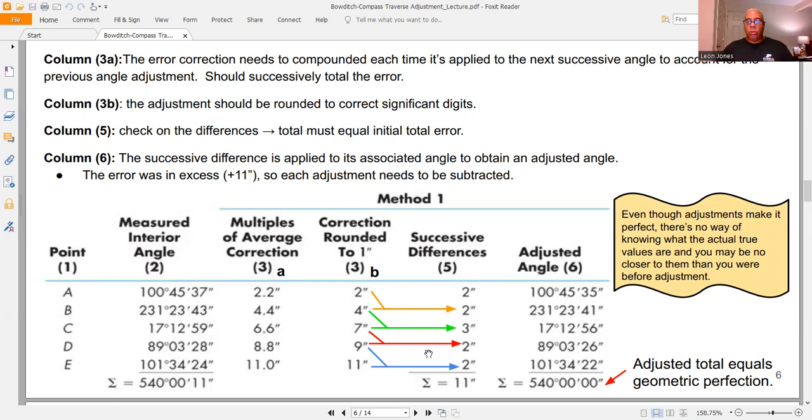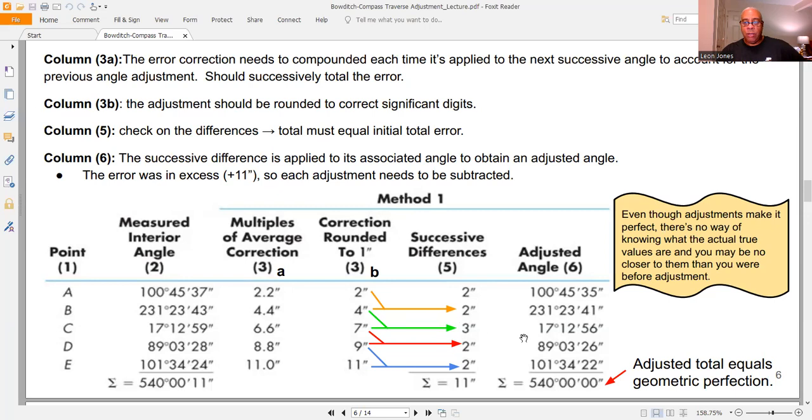So now, when you look in your last column here, you take your measured angle minus your successive difference, and then you get the adjusted angle. So in other words, we have an angle of 100 degrees, 45 minutes, and 37 seconds. We subtract 2, we have 100 degrees, 45 minutes, 35 seconds. The same goes for the next angle.